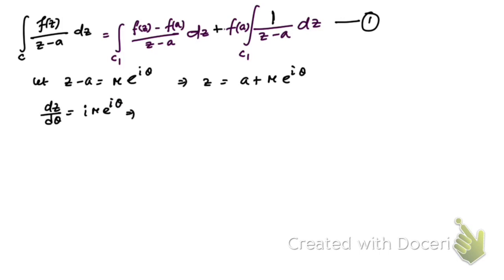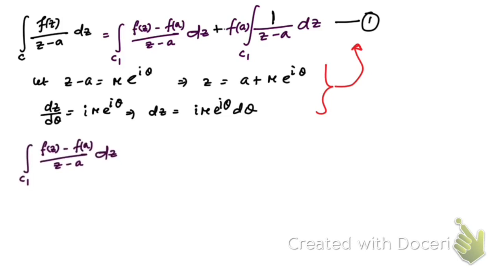So this implies dz is equal to i r e to the power i theta d theta. Now we use this result in equation number 1 on the right hand side. First let me evaluate one by one.